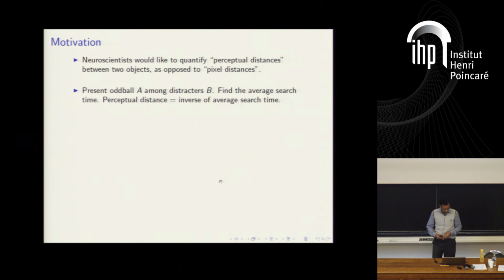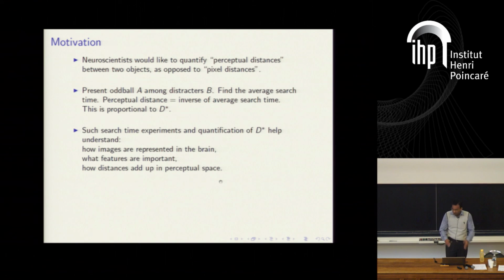It was to address these questions that I looked into this with my PhD student. The inverse of the search time from our modeling is actually proportional to D star, and so D star ought to be one substitute for the perceptual distance between the two images.